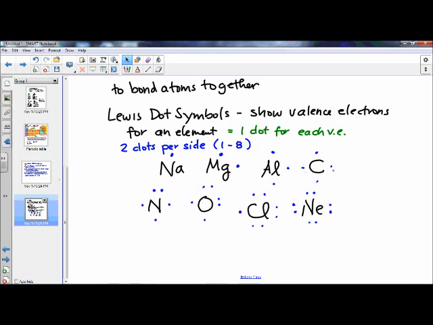So we just substitute the symbol for the element that we want. Look at the family, how many valence electrons that whole family has, and we put the number of dots. And that's how we draw Lewis dot symbols. This is important that you be able to draw them correctly, that you know how many dots any element gets, because we're going to be using those, again, like little building blocks to build an entire molecule in our next unit.